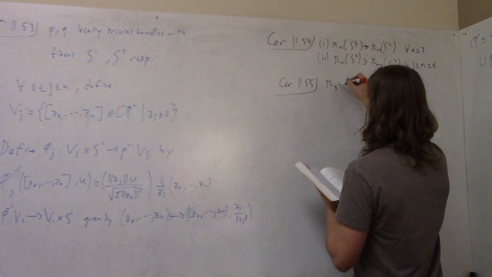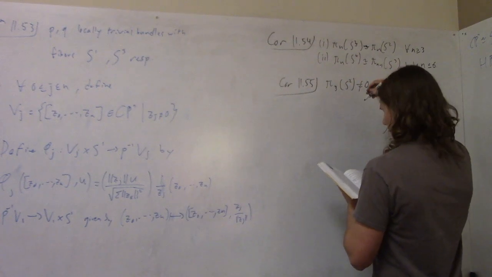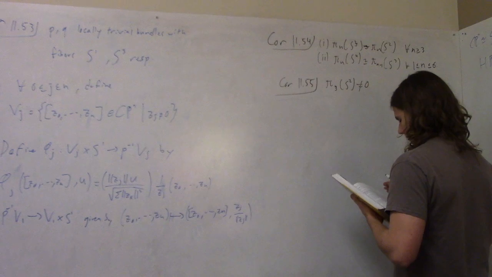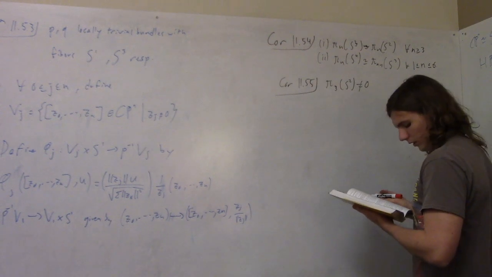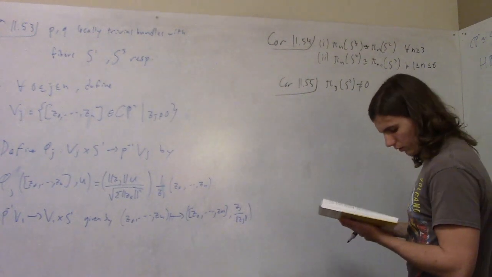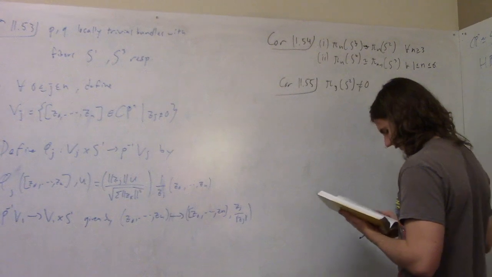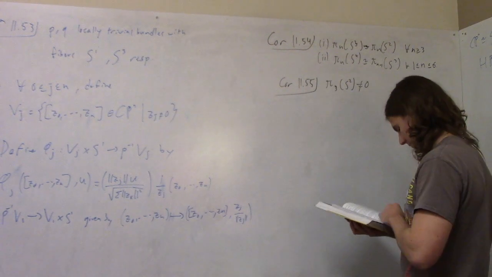Pi 3 of S2 is non-zero, and that's pretty simple because we already knew that pi 3 of S3 is non-zero, and we just showed that it's isomorphic to pi 3 of S2. Well, it's not exactly something I could have guessed.